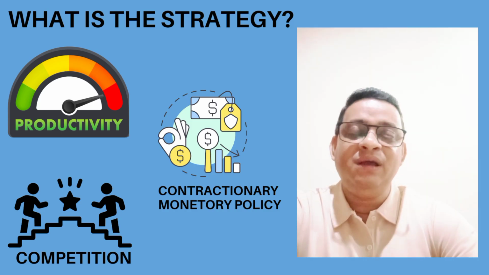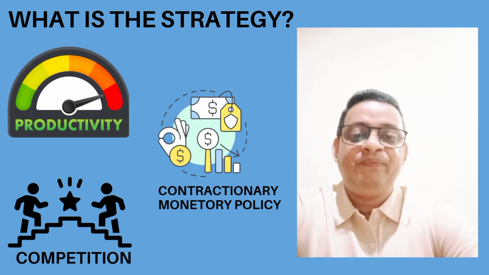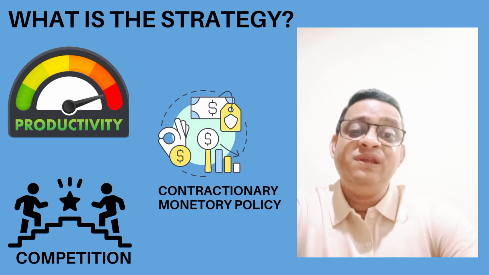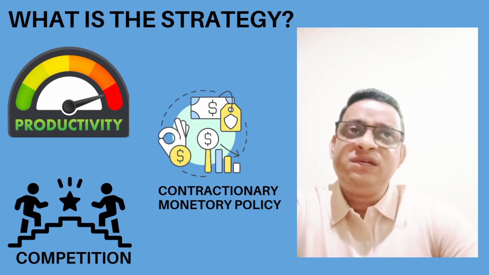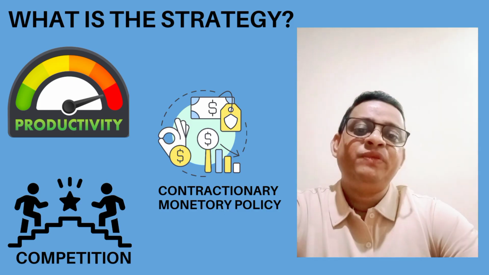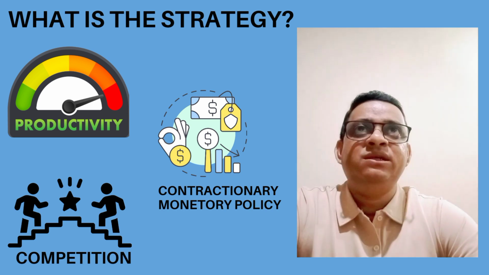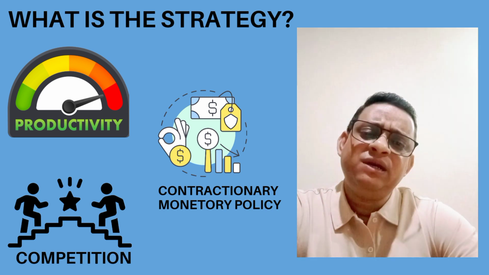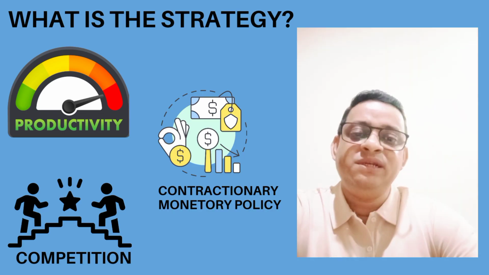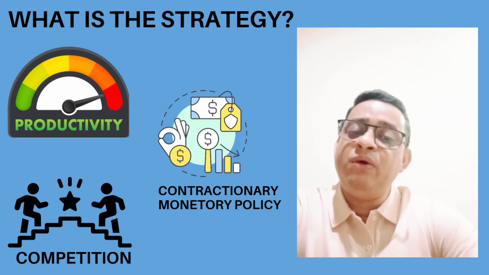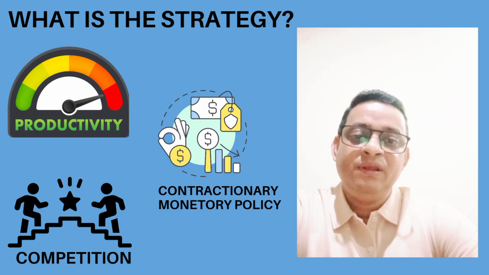Now I am coming to the third strategy. This is a very broad strategy, but I will briefly tell you what this is. Contractionary monetary policy. Suppose in a society the expenditure power of the consumer is gradually increasing, so we have to reduce the expenditure power. For that reason, the government takes some policy.